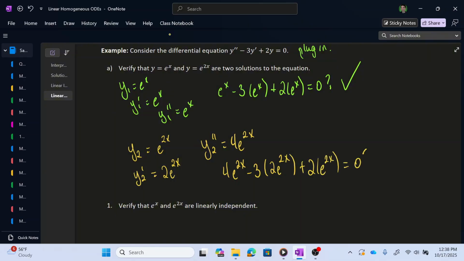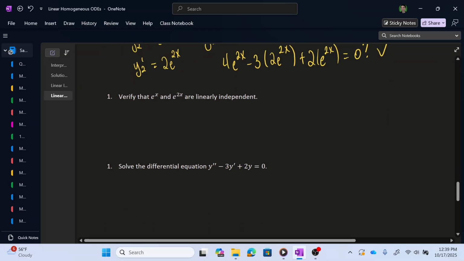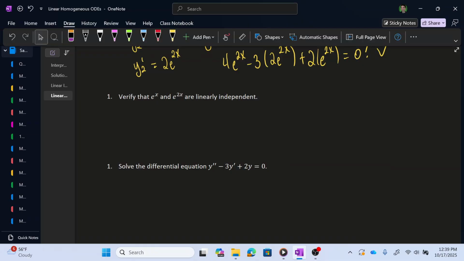Is that equal to 0? If we combine like terms, we get 4 minus 6 plus 2, so that's 0 indeed. So that verifies that that second function is a solution to the equation as well. Then they say, okay, so you've got these two functions which are solutions to your second order differential equation.